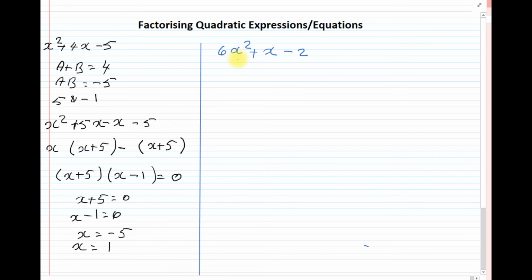Okay, now let's look at another example with a non-zero coefficient for the x squared. I have here 6x squared plus x minus 2. Now, we do the same thing. We're looking for two numbers, a and b, such that a plus b is equal to 1, and ab is equal to minus 12.